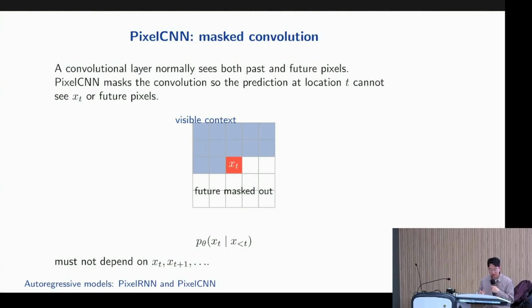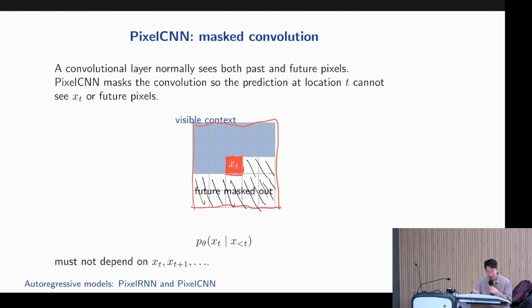So what's pixel CNN? So you have convolutional neural network as a backbone model. Normally, if this is your center of focus in a convolution, and you apply a convolution window like this, you have access to everything in the field of view. And we want to explicitly block out this component here.